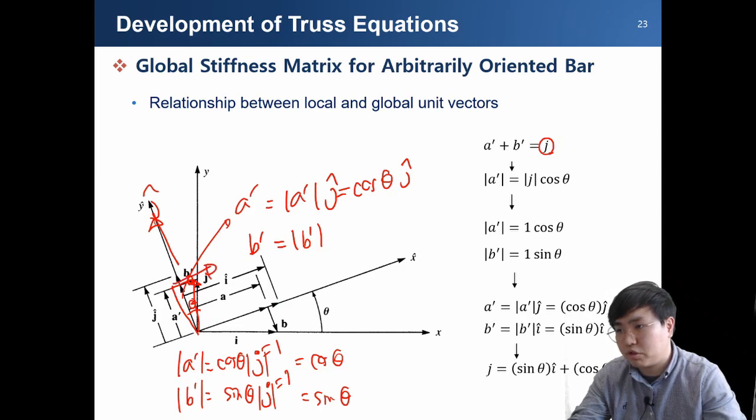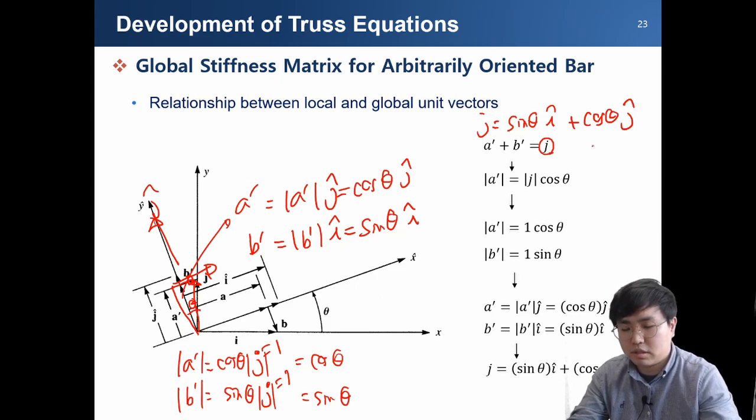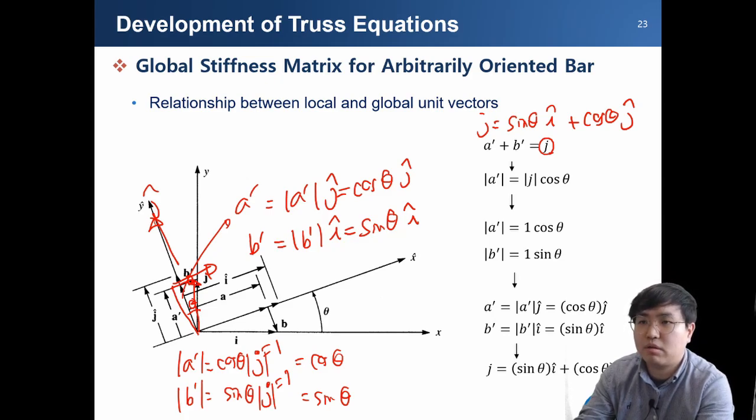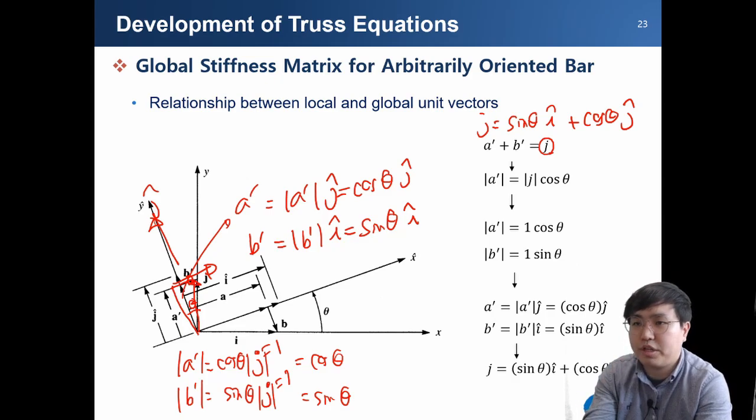That means we can take the I hat unit vector. The magnitude is sine theta, this is an I hat. So here, vector J is a summation of sine theta I hat plus cosine theta J hat. In this same way we can obtain the relationship between the unit vectors in both coordinate systems.